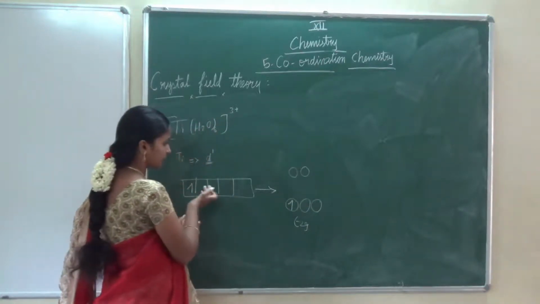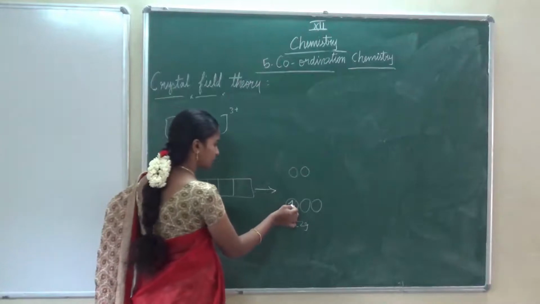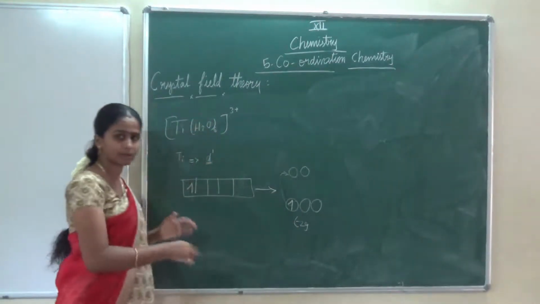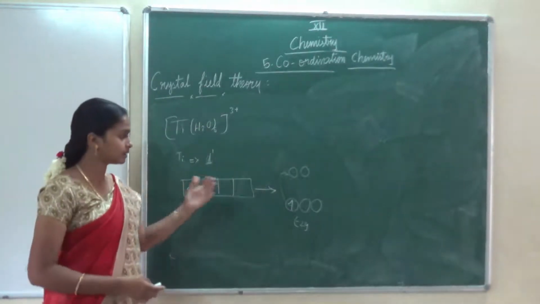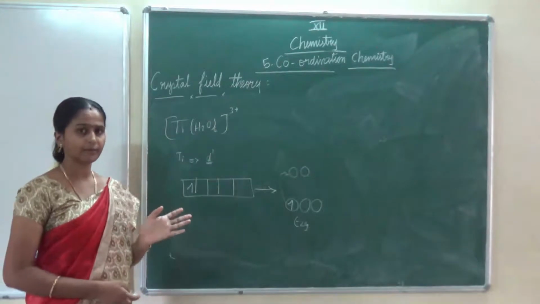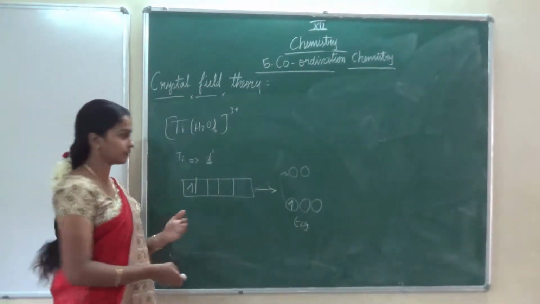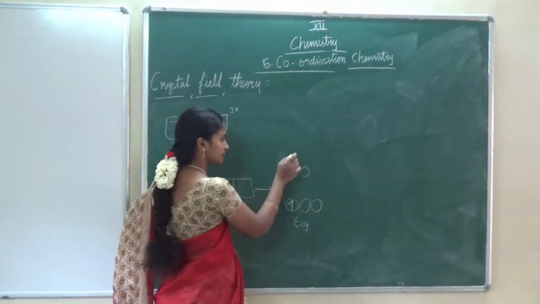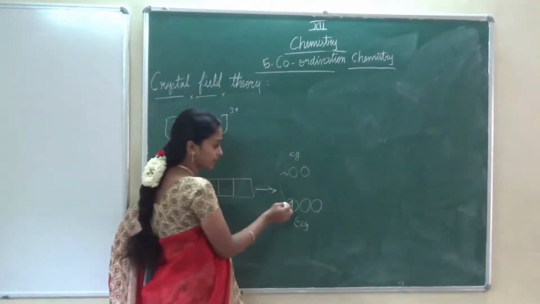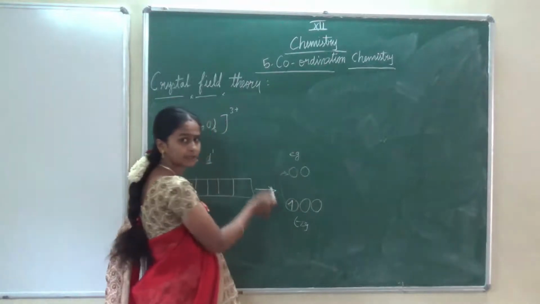When absorbing the light, the electron will go to the excited state. From the t2g orbital to the eg orbital it will jump. It is not jumping from d orbital to p orbital or d orbital to f, not like that. Within that orbital set itself. This is also d orbital, this is also d orbital. This is t2g, this is eg. From t2g to eg, the electron is jumping.